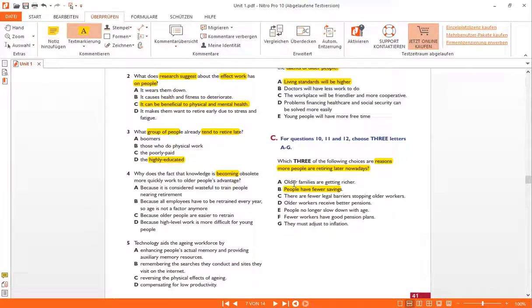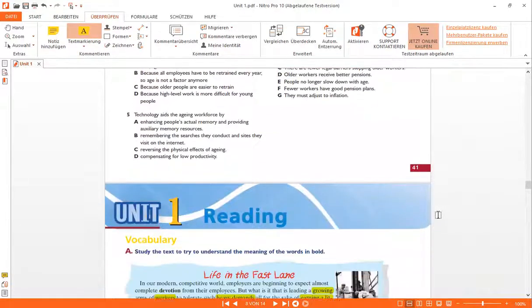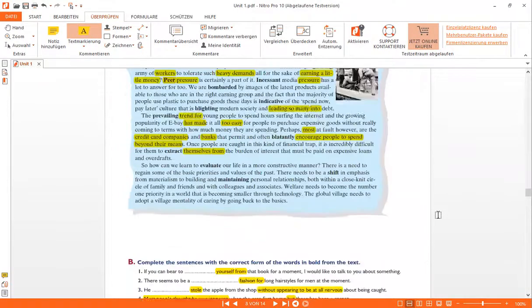The first one is that people have fewer savings. Now, why do people retire nowadays? They have fewer savings. Go ahead and figure out the rest, the remaining 2, and then check if your answers are right on the last page.